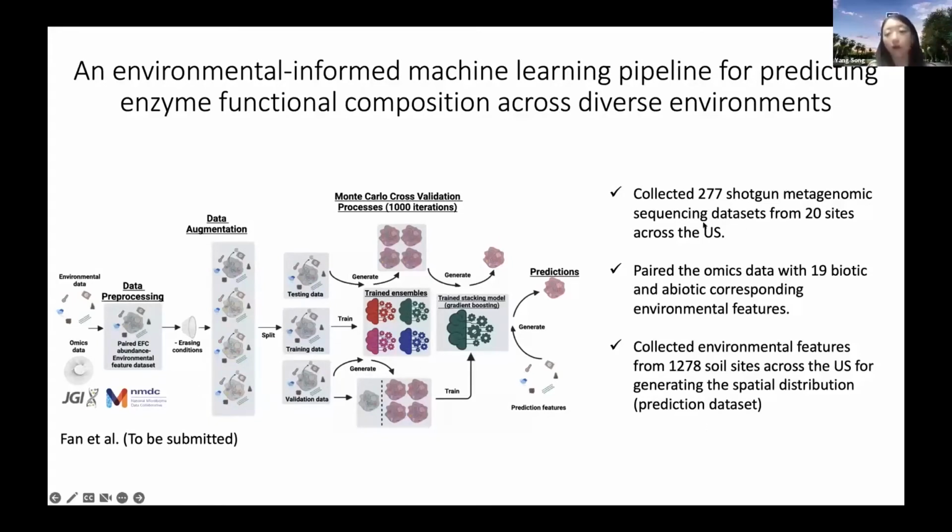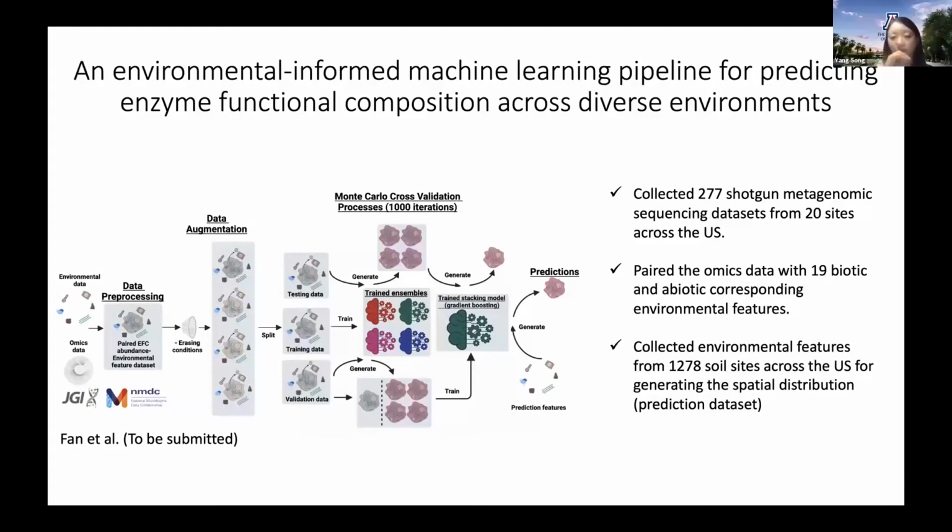Because only around 300 paired omics samples is still very limited for better machine learning analysis, in order to improve the prediction ability of this pipeline, we follow an idea from the machine learning field. They usually use augmentation to analyze images, so they can change the shape and change the angle of things in the image, and in this way augment the model data.